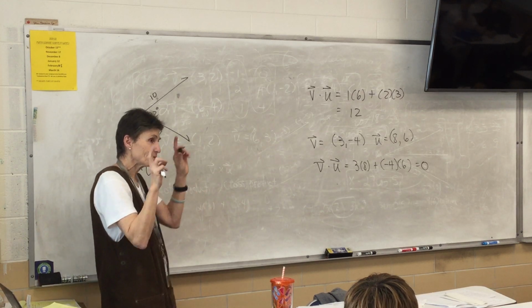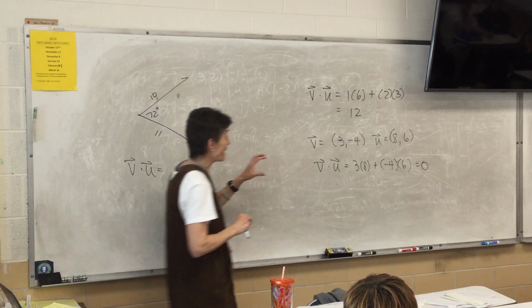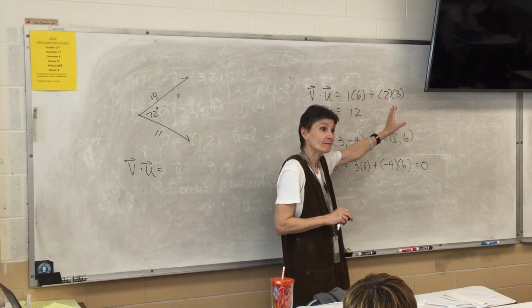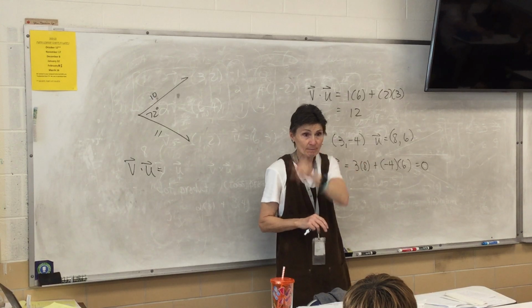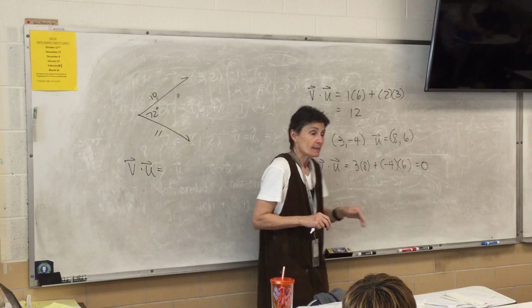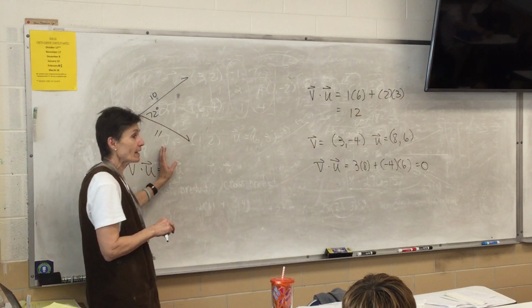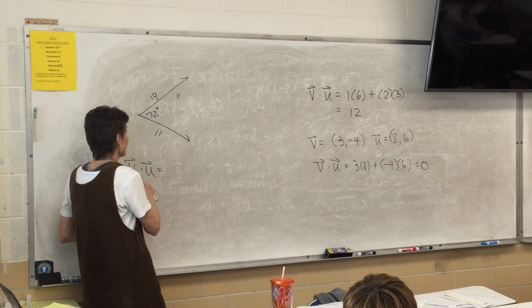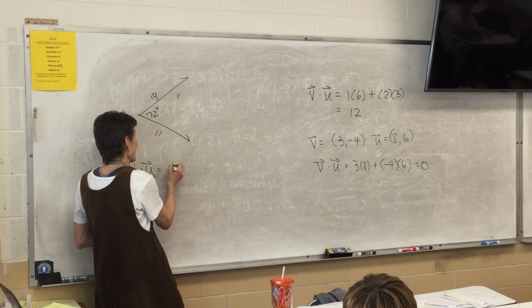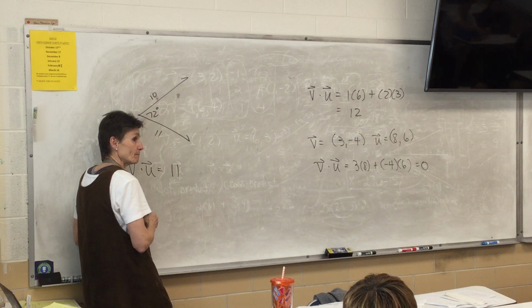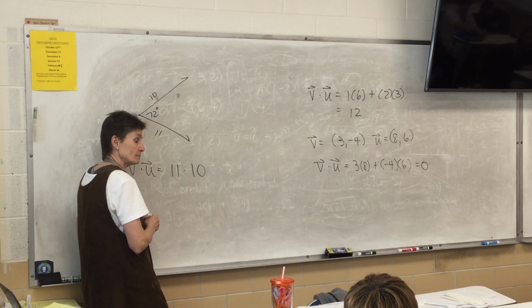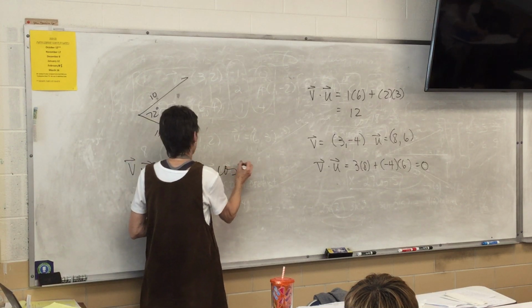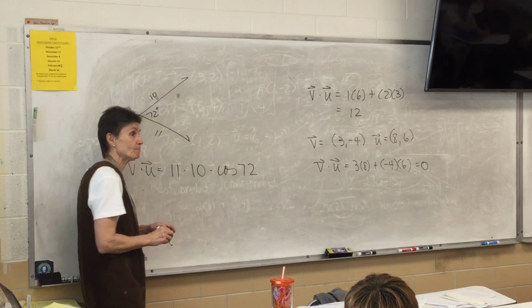There's 2 definitions of the dot product, depending on what information you're given. If you're given the coordinates, it's x times x, y times y, add them up. If you're given 2 vectors, then the dot product is the magnitude of the first one times the magnitude of the second one times the cosine of the angle between them.